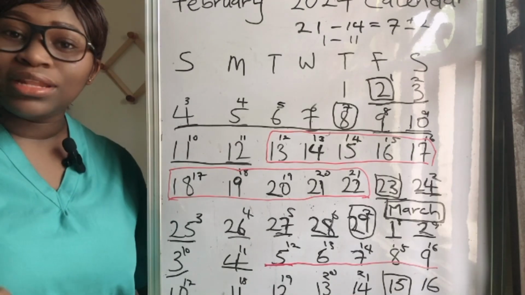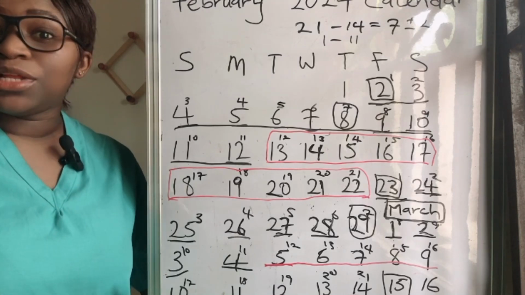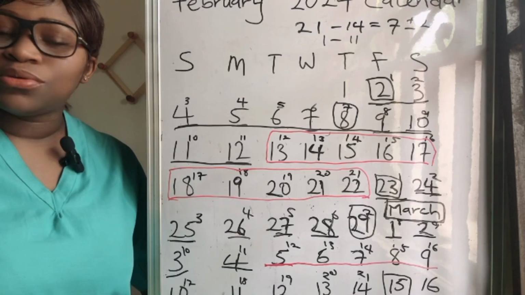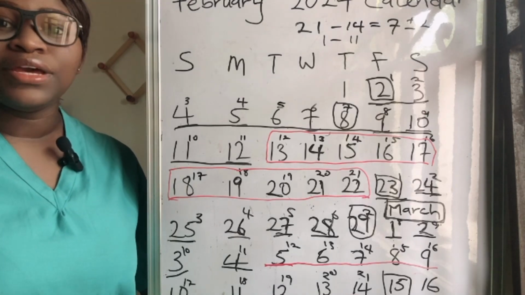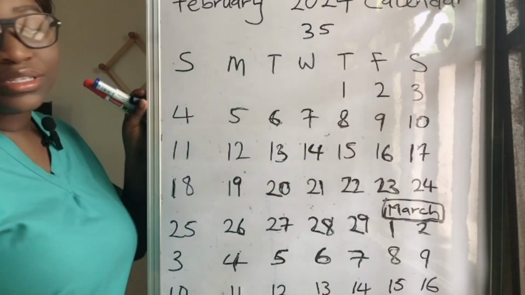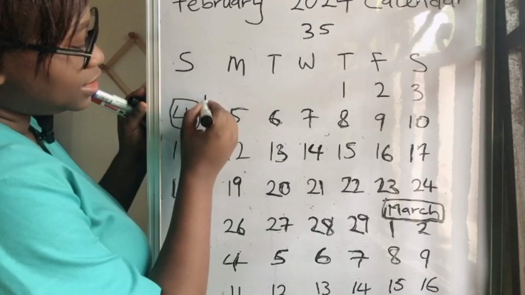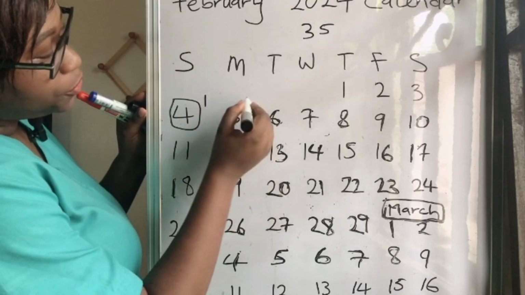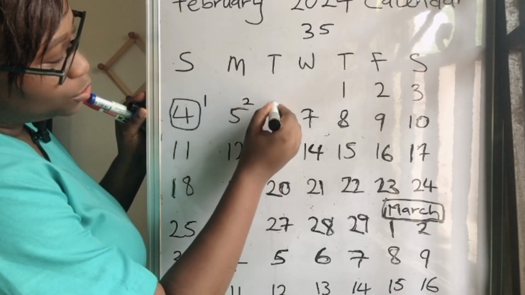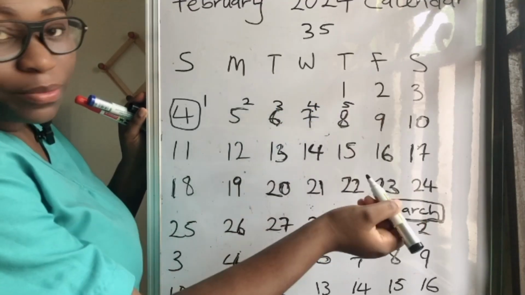I'm going to give one last example for a woman with a 35 days cycle. Then I'll explain to women with irregular cycles how to calculate their own safe days. So for women with a 35 days cycle, let's take for instance her period started on the 4th of February. It's day 1 of her cycle. The period lasted for day 1, day 2, day 3, day 4 and maybe day 5, and you keep counting.